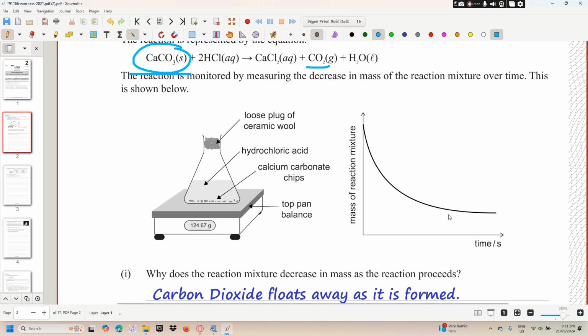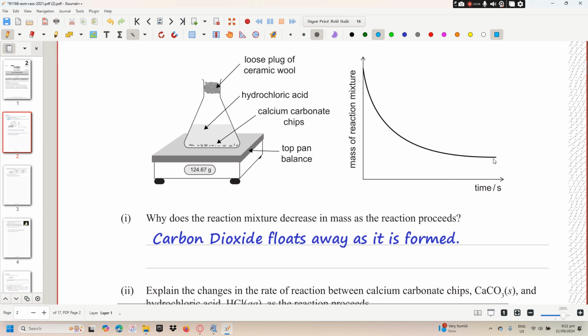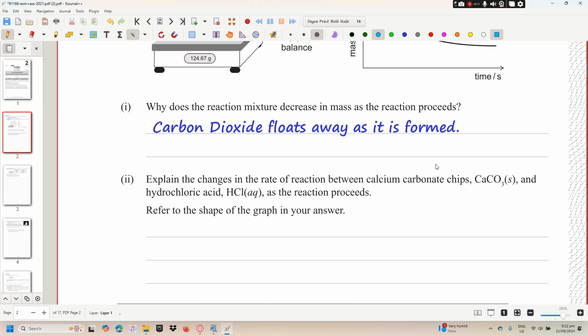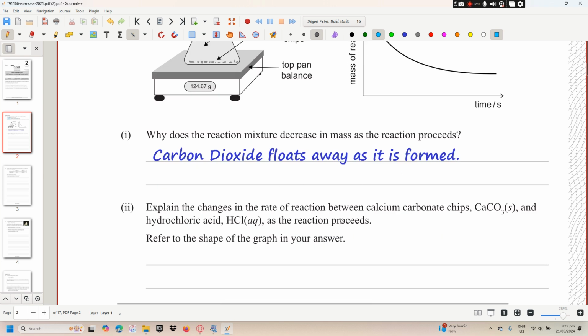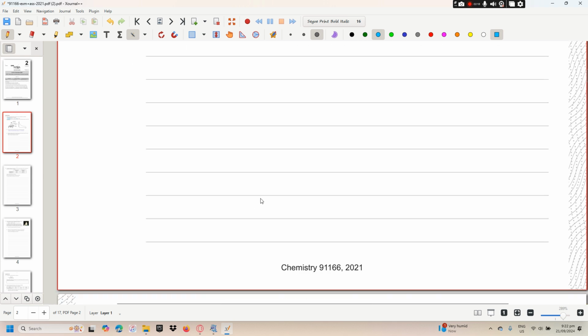As the reaction proceeds and time goes on, the concentrations of reactants decrease, the chance of successful collisions decreases, and hence the rate of reaction gets slower, and then you get to this end point where there are no reactants left, and therefore exponential decay. That's about it generally.